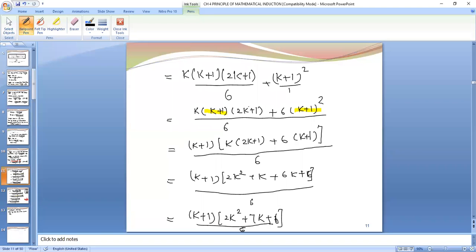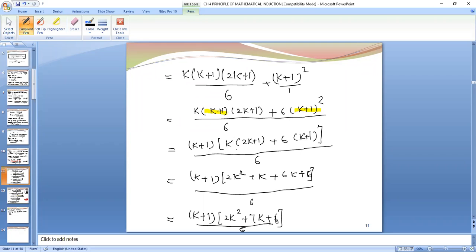K into k plus 1 into 2k plus 1 plus 6 into k plus 1 whole square. To make the result easy, we can take k plus 1 common. So it will be k in the bracket 2k plus 1 plus 6. One k plus 1 gone out. We are left with only one k plus 1.